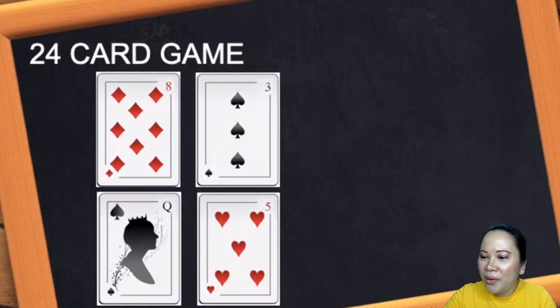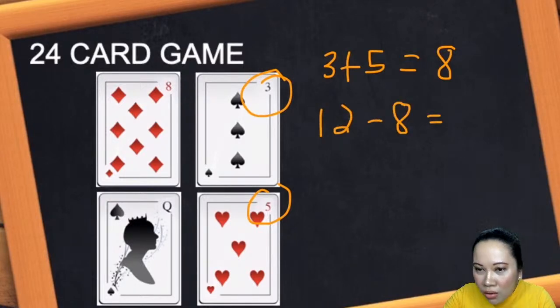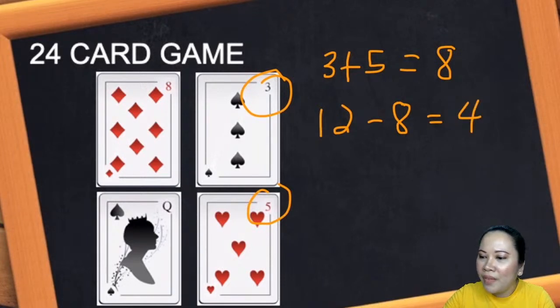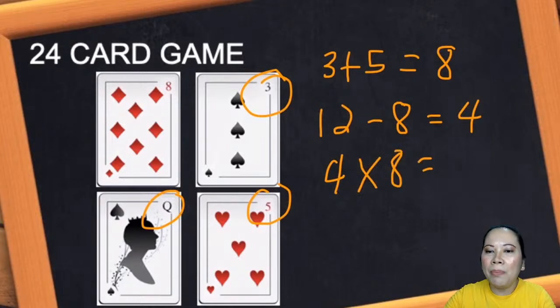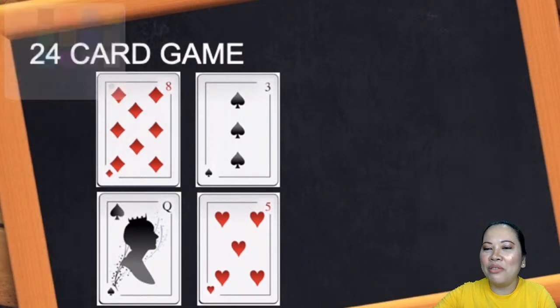Okay, you add 3 and 5 first. Alright, 3 plus 5 is 8. 12 minus 8 is 4. 4 times 8 is... oh, sorry, it's too much of 24.